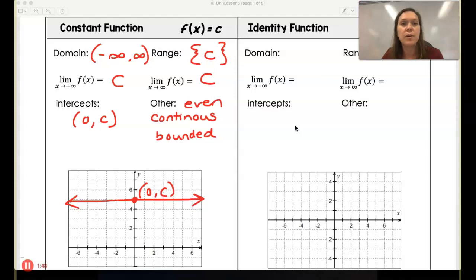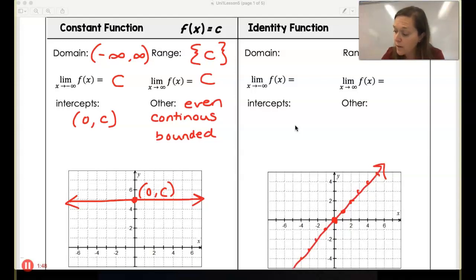So that is your constant function. Now moving over to the identity function. Your identity function is the function f of x equals x, or y equals x. That has a y-intercept and x-intercept at the origin, and it has a slope of 1.